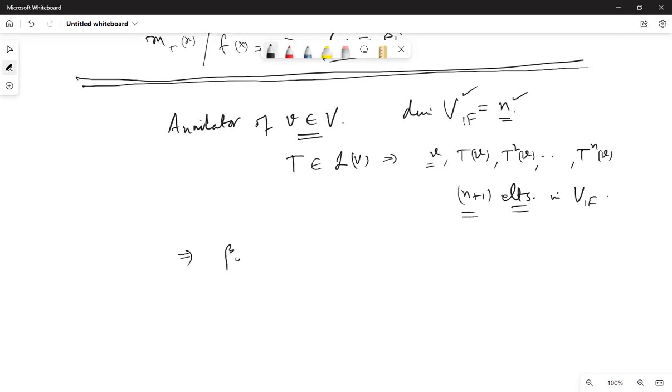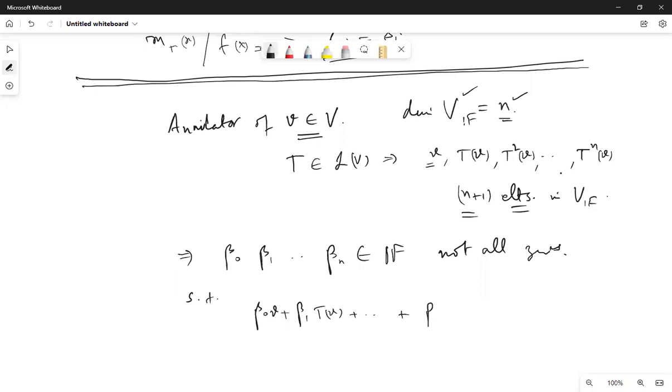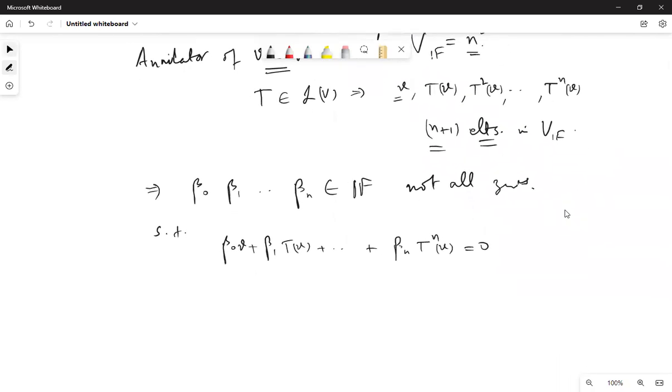there exist beta naught, beta 1, and so on, beta n in F, not all zeros, such that beta naught v plus beta 1 Tv, and so on, beta n T^n v is equal to 0. Is it all right?